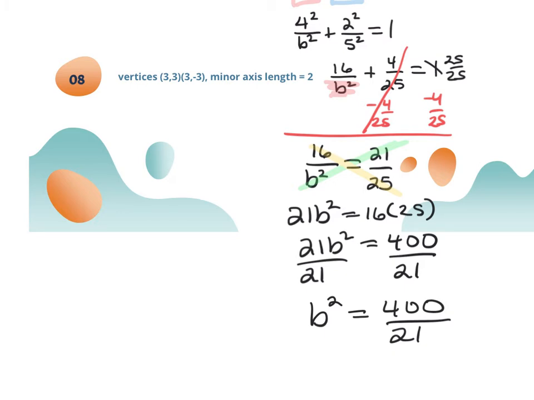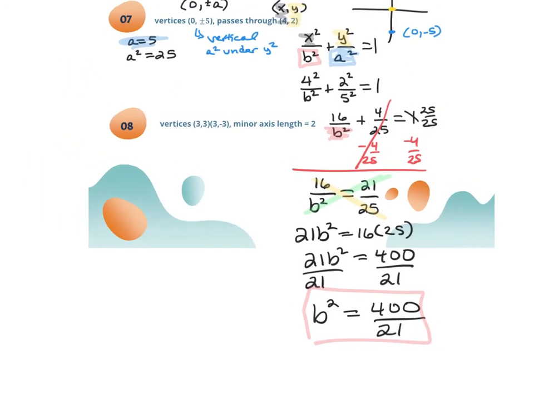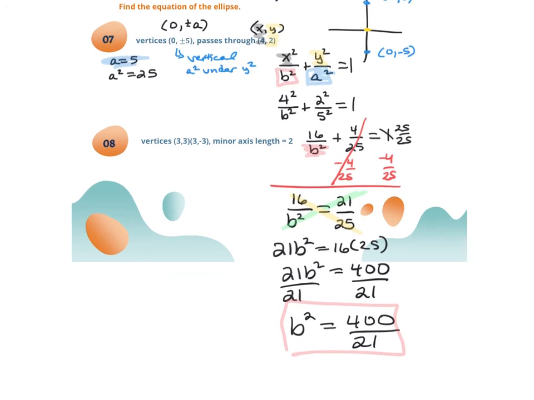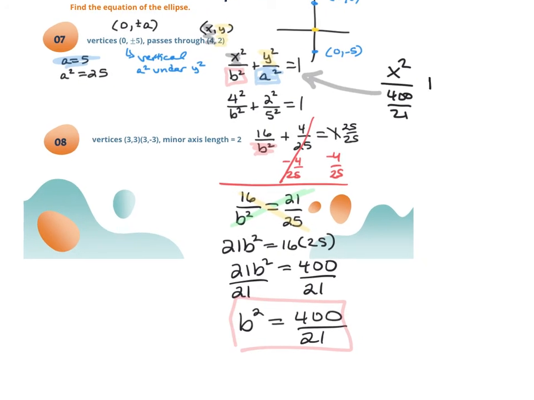So now let's go back and fill in, because this is my goal, to get what b squared equaled. So let me go back up. So again, the equation I'm plugging it into is this one. So I'm going to be doing x squared over 400 over 21 plus y squared over 25 equals 1.